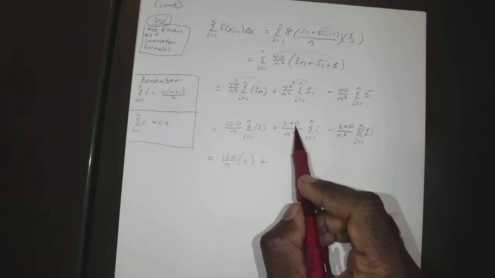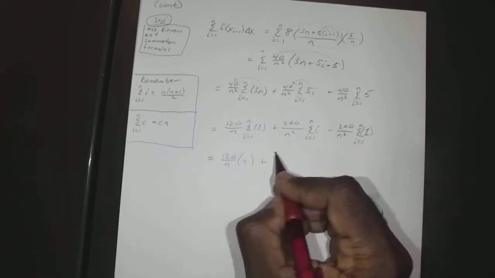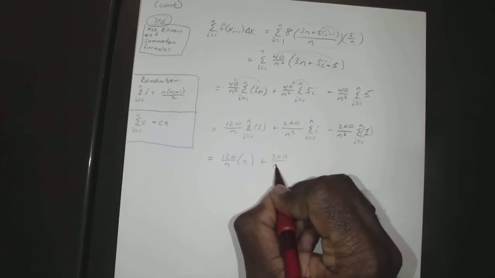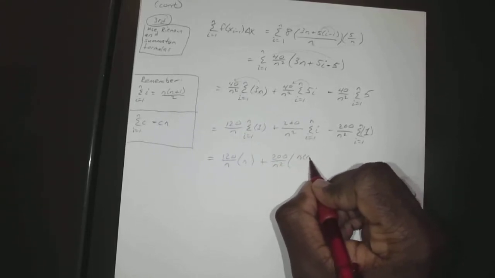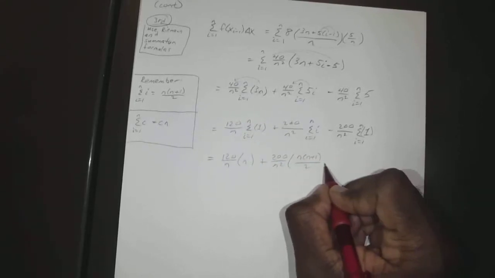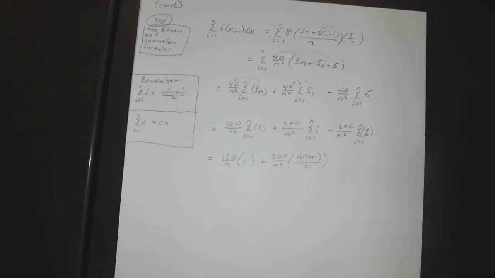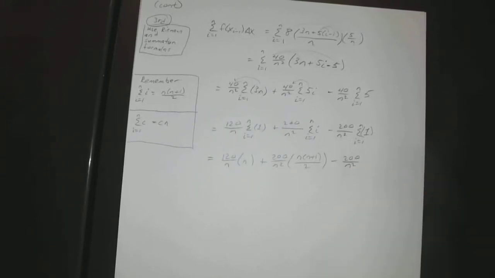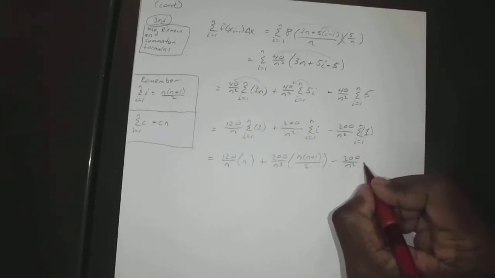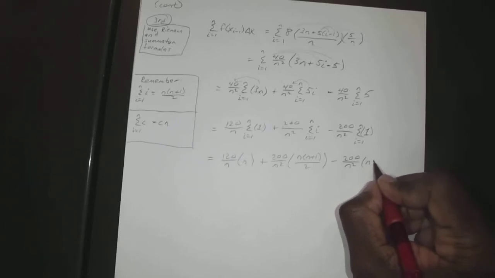Plus 200 over n squared times n times n plus 1 over 2, minus 200 over n squared. 1 times your constant is just n.